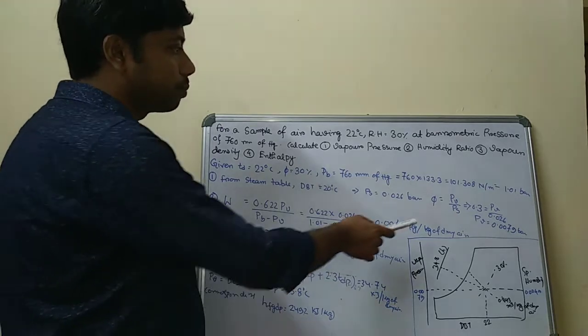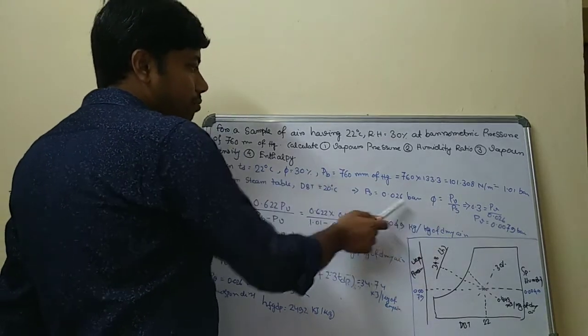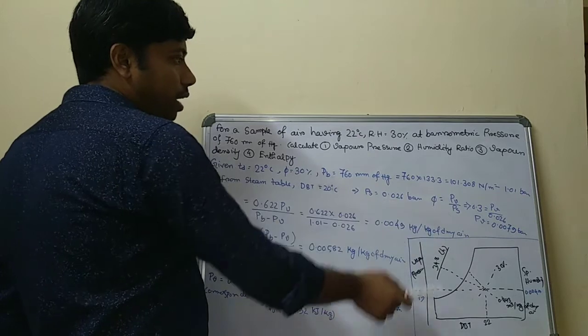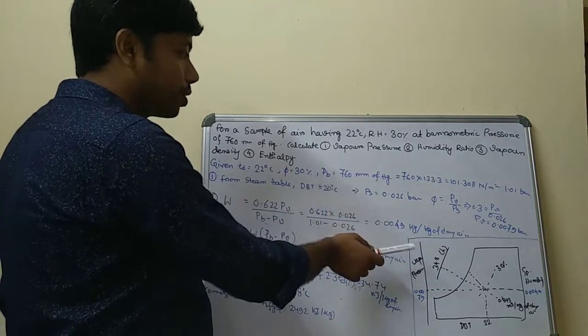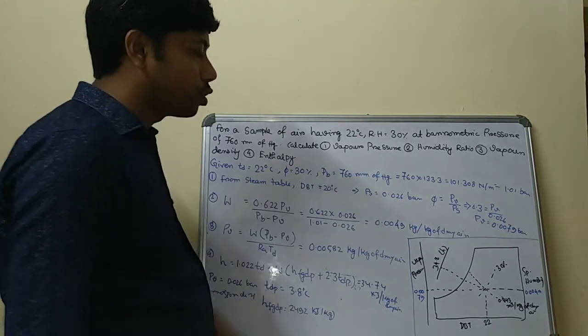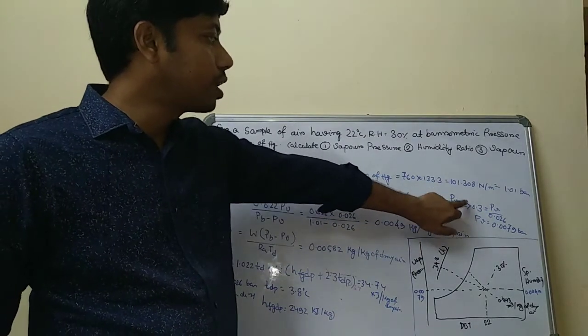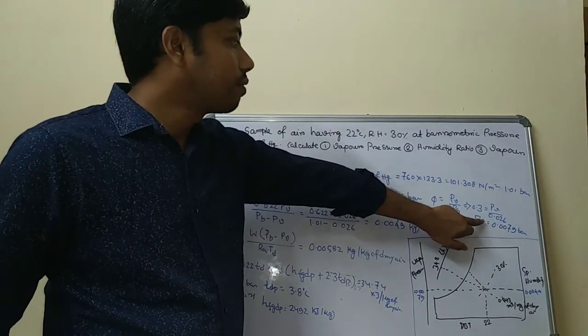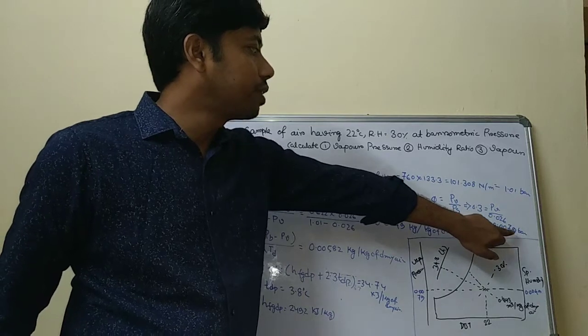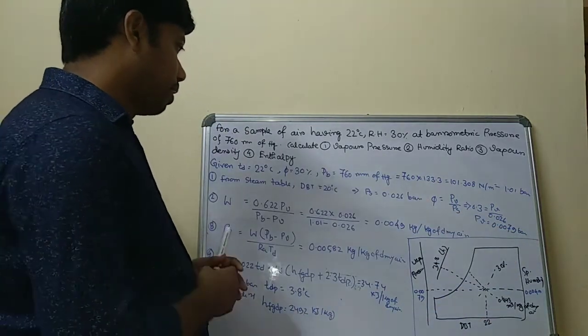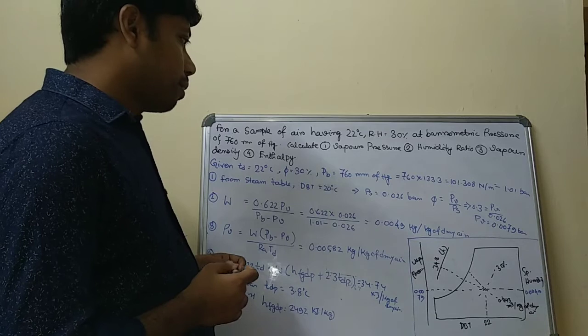You have to calculate PV, the vapor pressure; the saturation pressure you already know, and phi is given as 0.3. Put this value here, and PV will be 0.0079 bar. So this is your vapor pressure.